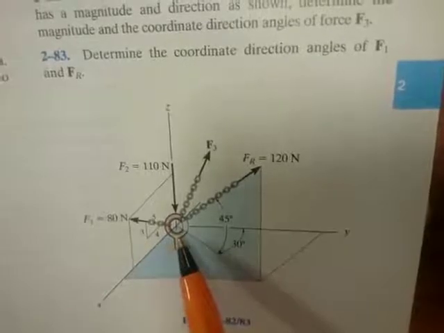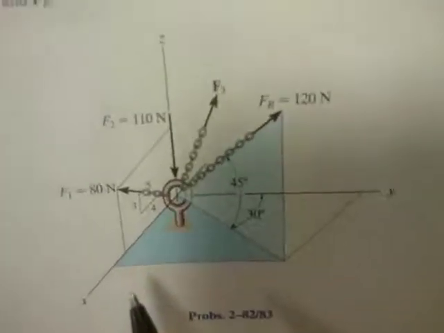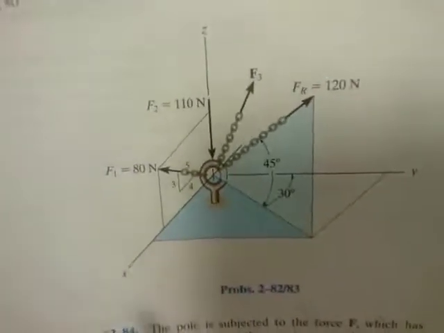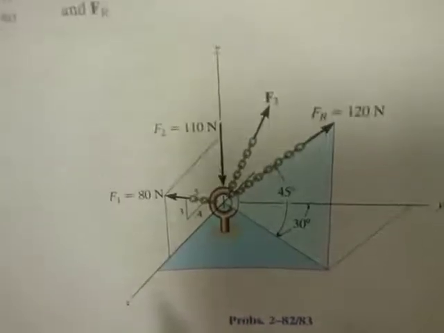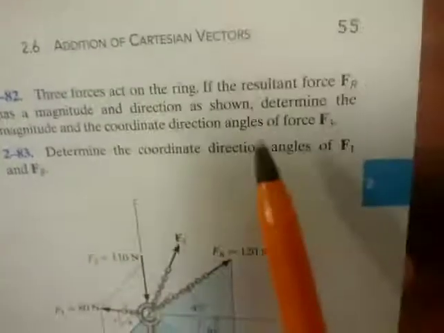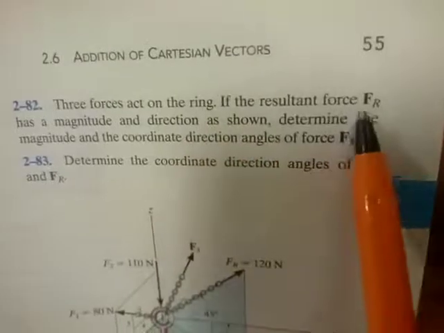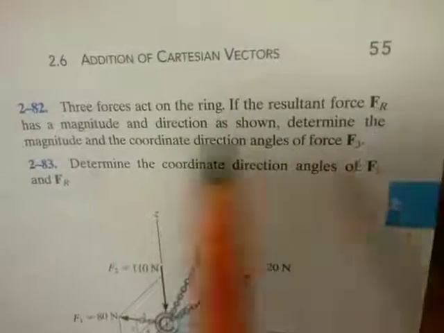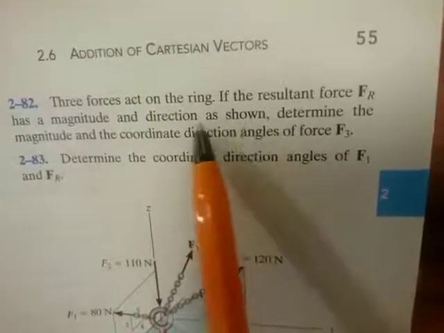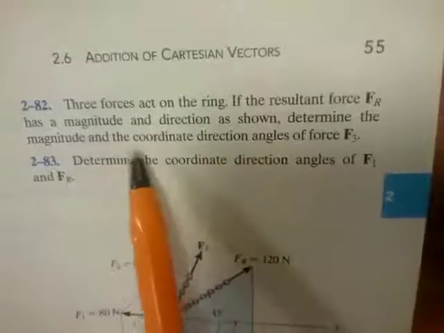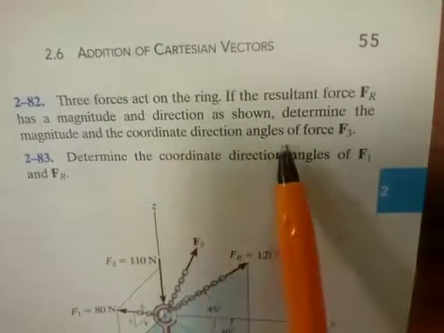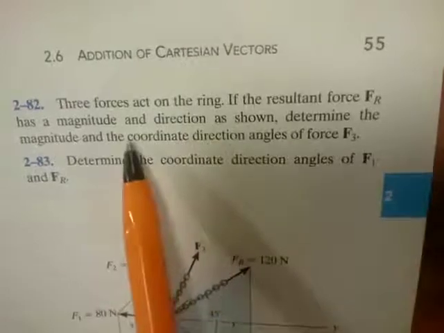You can pause the video and study that diagram if you don't have the textbook. And the question is, if the resultant force Fr has a magnitude and direction as shown, determine the magnitude and coordinate direction angles of force F3.